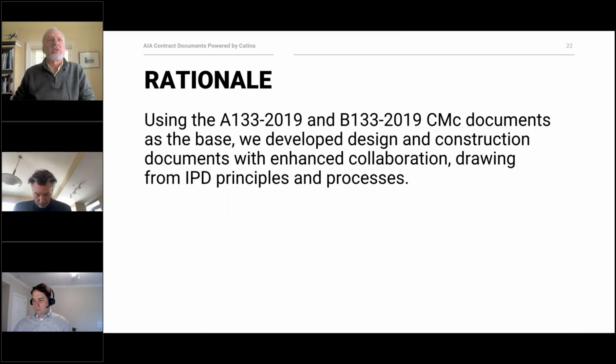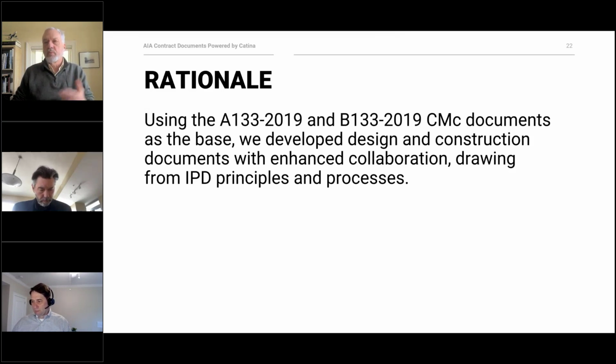So the rationale on this is that it is building on the principles of collaboration, of how do we work together. And actually, I mentioned the three primary parties, the owner, the CM, and the architect, but also we are bringing in our consultants, obviously, subcontractors, suppliers, to bring in that expertise into the pre-construction phase to really make sure that we all benefit through this enhanced collaboration.